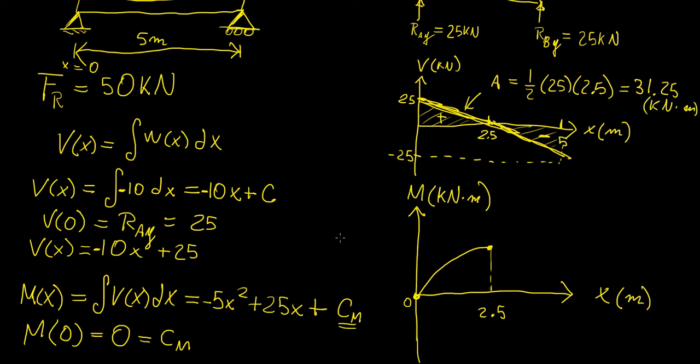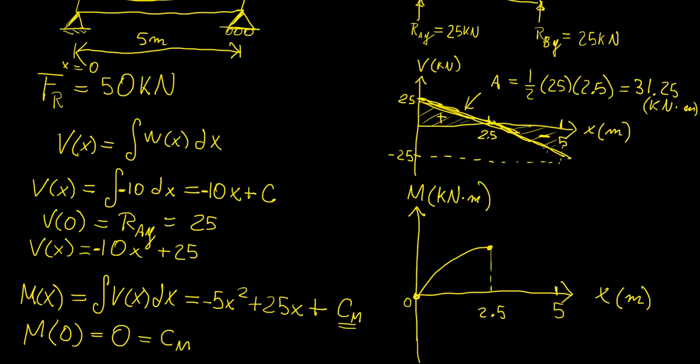And notice that if we actually plug in 2.5 into this equation over here, we would actually get the exact same answer. So we can either use the graphical method just by calculating the area, or we can use the equation itself and just plug in the values directly. Now if we plug in x equals 5, then we should get back to 0 because this area is negative. So remember, we're going to go down now.